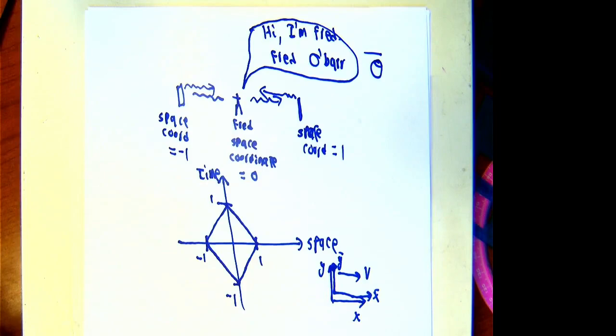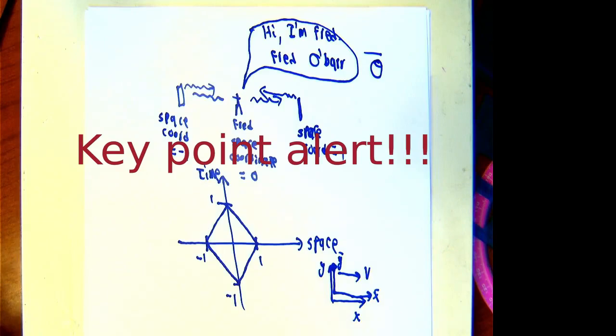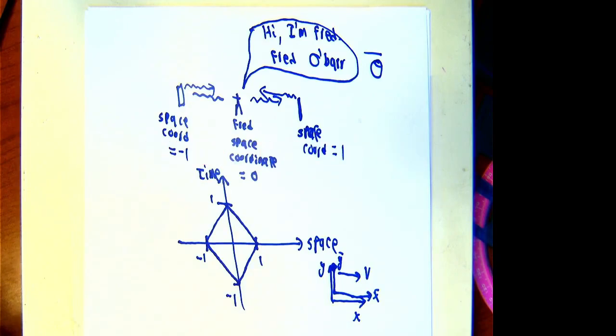Joking aside, what does this experiment appear to be as measured by the network of the unbarred observers? Fred's world line, the path of points that Fred occupies in the space-time diagram, is the time axis of the barred system. So I'll go on and call Fred's time axis the t-bar axis, and likewise x-bar axis.